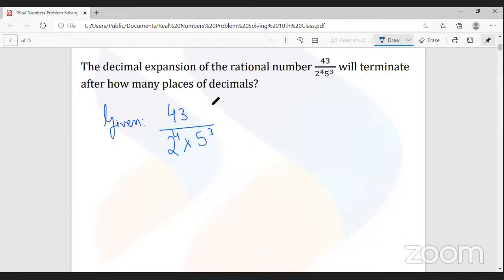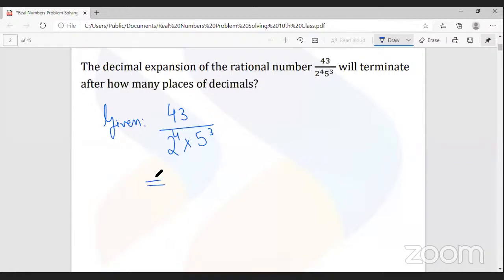Whenever the question asks this, we form the pairs of 2 and 5 in the denominator. Only 2 and 5 are present in the denominator, that is why it is terminating. This we all know, right?